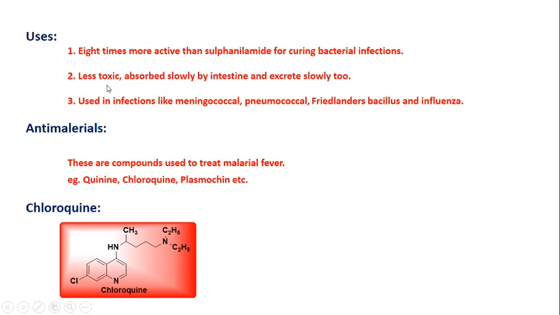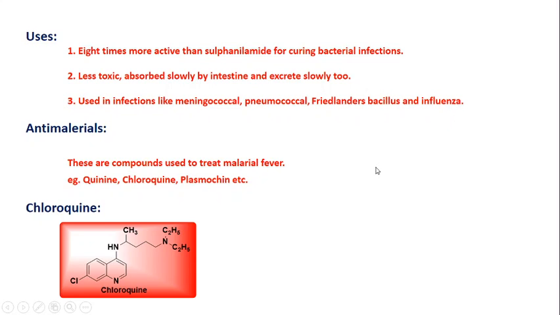Sulfadiazine is absorbed slowly by the intestine and excreted slowly out of the body. Third, it is used in infections like meningococcal, pneumococcal, Friedlander bacillus and influenza bacteria, etc. So sulfanilamide has minimal application compared to its more effective derivative sulfadiazine.